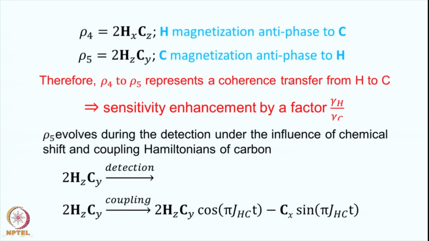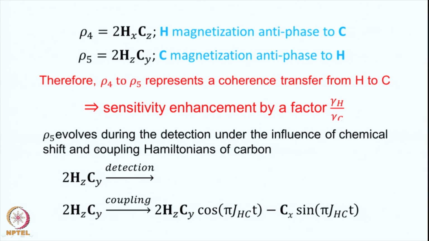But here the proton magnetization is appearing as carbon magnetization, therefore there is a sensitivity enhancement of the carbon signal by a factor gamma H by gamma C, and this is a factor of 4. If this were a nitrogen for example, then this will be a factor of 10, and that implies a substantial saving in time and a great improvement in the signal to noise ratio, because experimental time goes as the square of this factor.